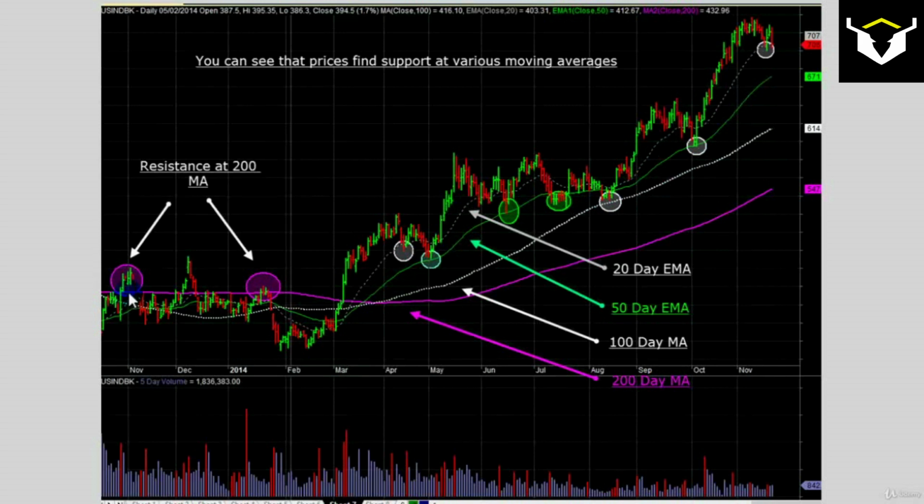Starting from November, you can see prices surged above the 200-day moving average but failed to sustain itself, came down, surged above again, failed, came down, found minor resistance, drifted down, tried to break out again, failed, broke below, went lower, and then went sideways for the month of February.